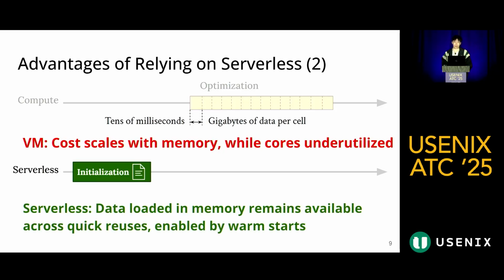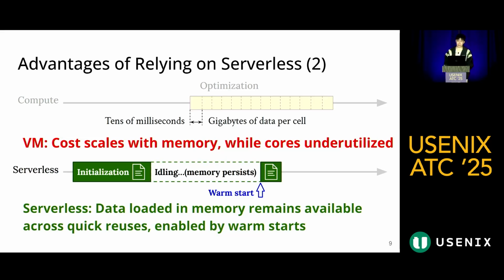In serverless, after an initialization or a previous execution, the memory would persist for a short period of time. If the same function is invoked again, the warmed up instance would have immediate access to that data in memory. So this warm start mechanism is available in serverless products across all cloud platforms as a core feature that enables a lot of applications. And here it definitely benefits us this time.